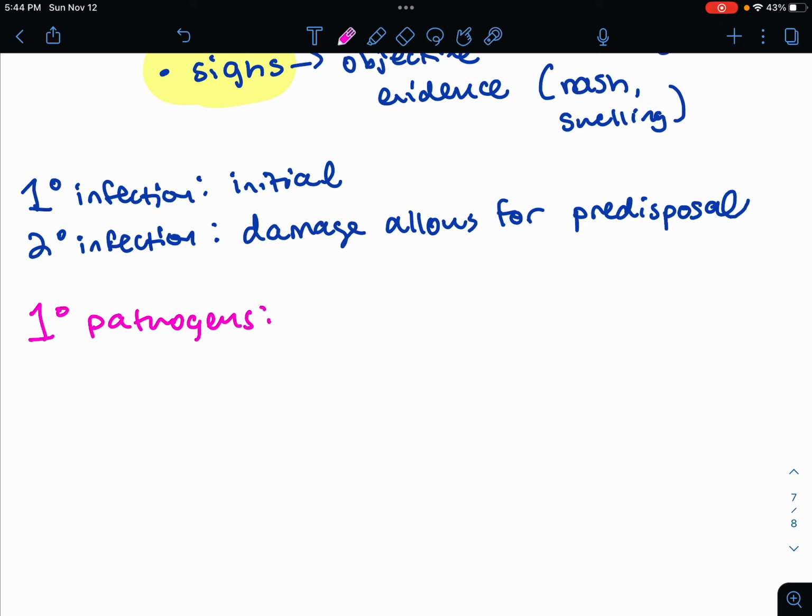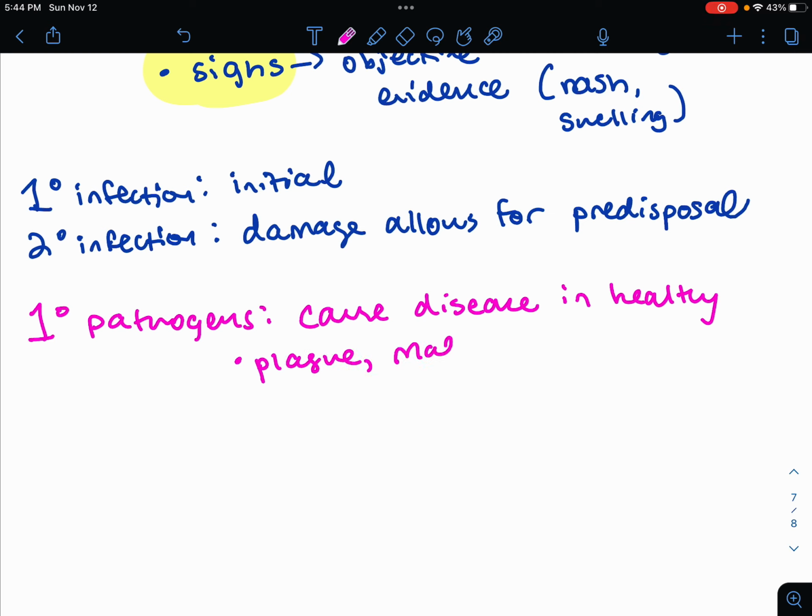These are going to cause disease in otherwise healthy individuals. Such as plague, malaria, measles, and the flu.